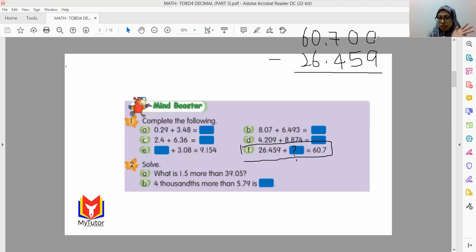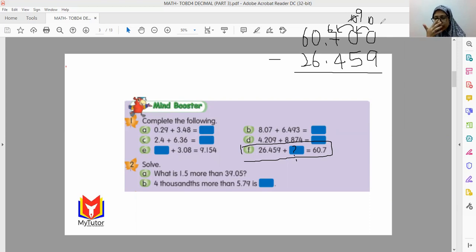Okay, borrow from the next number. Can borrow here or not? No, cannot borrow, then borrow from 7. 7 becomes 6, 0 becomes 10. And 0 over here, borrow from 10, so 10 becomes 9. This one becomes 10.